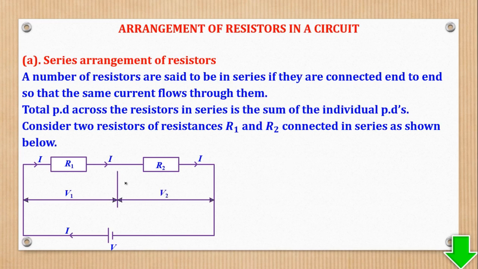V is the total PD from the dry cell, and V1 is the PD across R1.